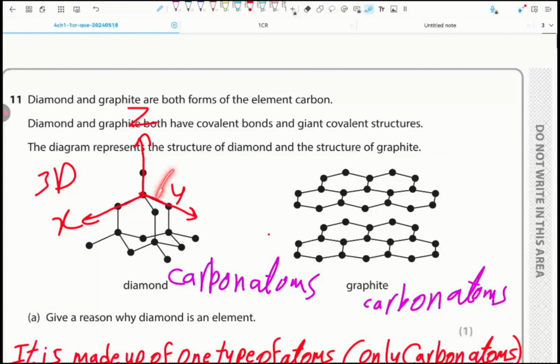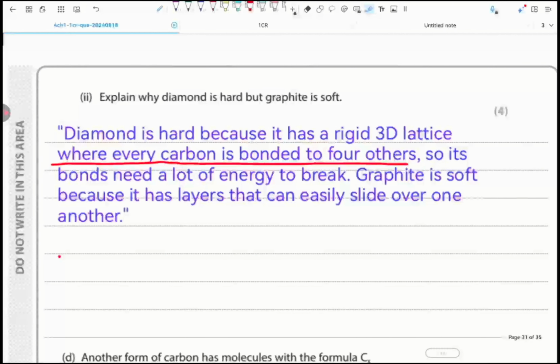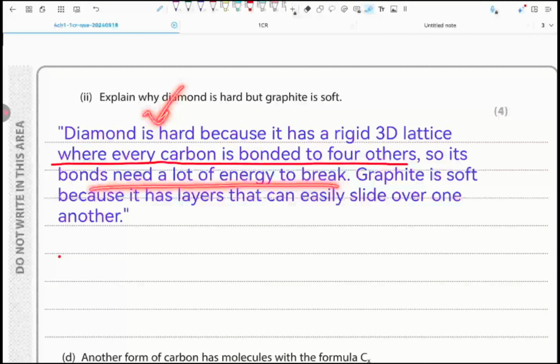So breaking the bonds is nearly impossible because, number 1, we have 4 bonds. Number 2, these bonds are 3D in their structure, so breaking them is very difficult. It needs a lot of energy. That's why diamond is very hard.